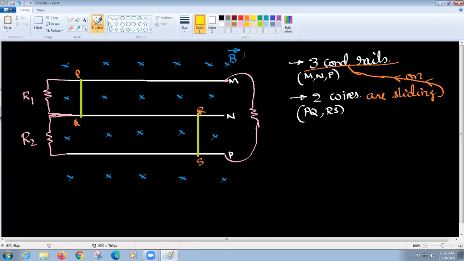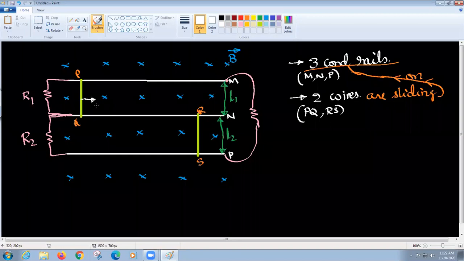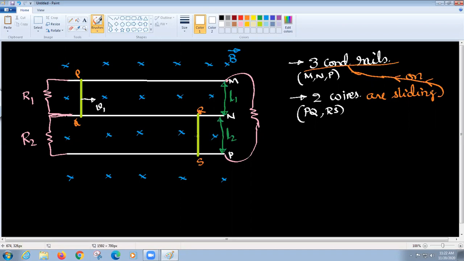Okay, so now let me take dark green. This is my length, say L1, and the distance between conducting rails N and P is say L2. Now say this wire is moving like this with velocity V1, and RS is moving towards the left with velocity V2.